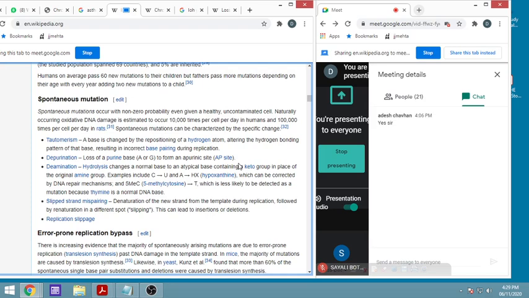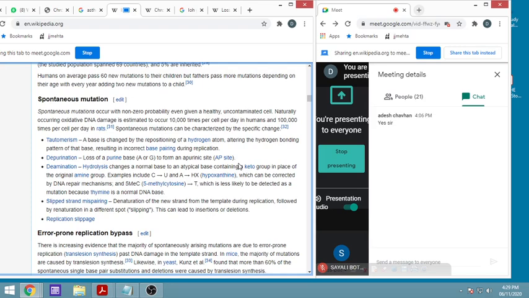This ATGC pairing exists because of specific bonding, which is due to hydrogen bonds. Now if a hydrogen atom is repositioned, if it changes position, then the hydrogen bonding will change.